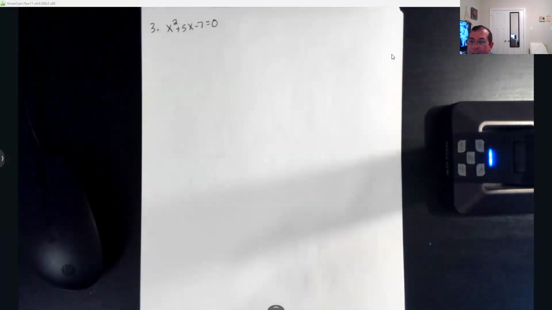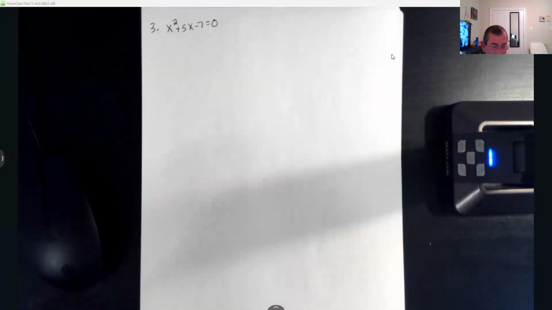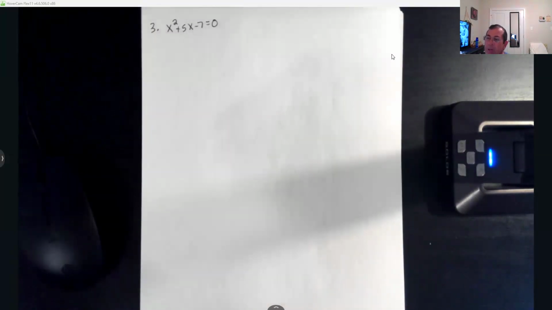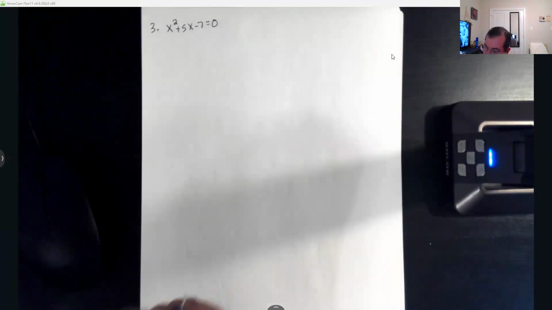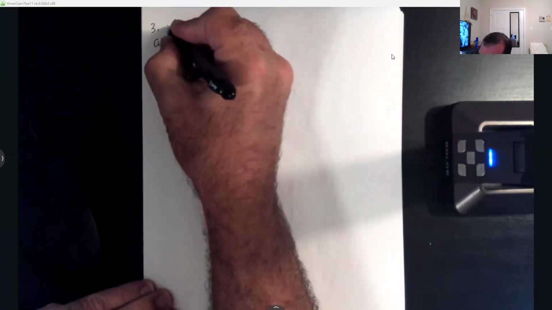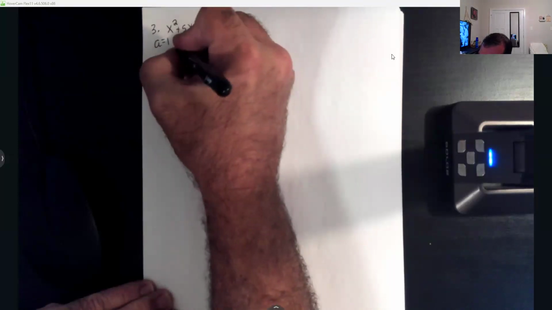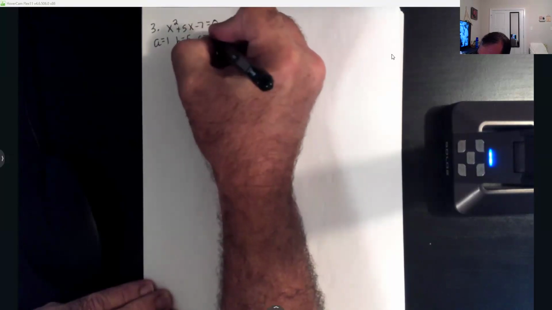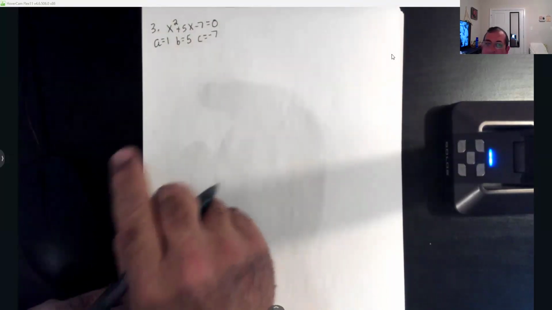So the exact solutions are going to be the radicals. The approximations, we're going to have to punch them in the calculator and see what those equal as a decimal, okay? Also, here we go. A will be 1, B will be 5, C will be a -7.